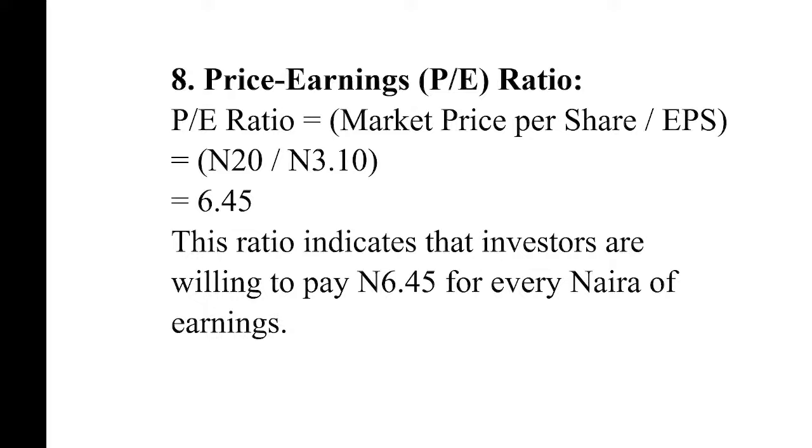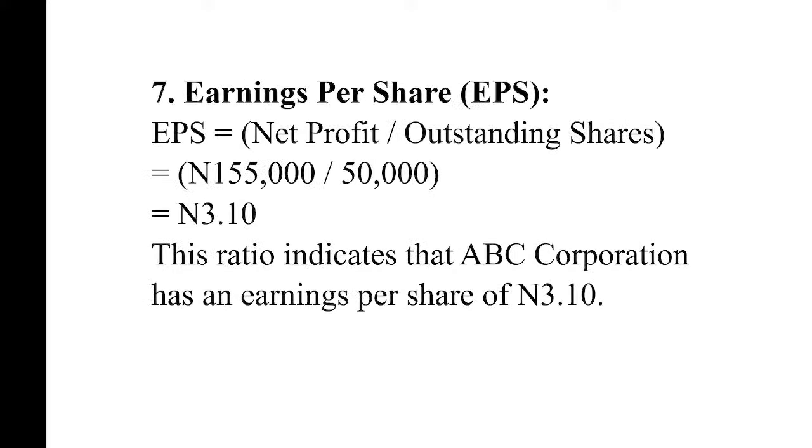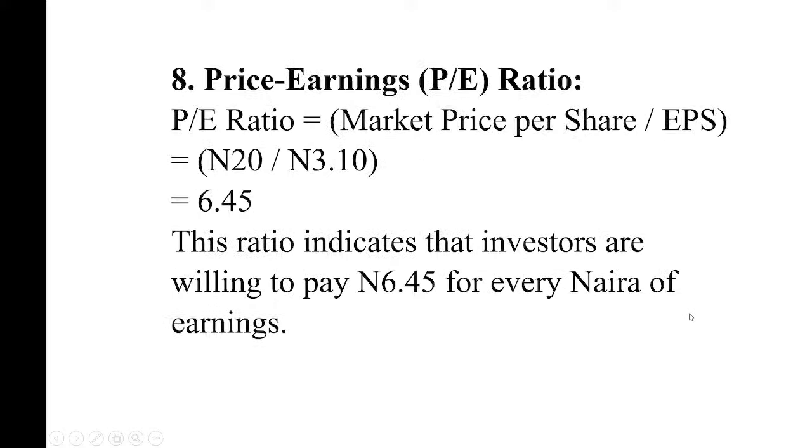Price earning ratio, PE ratio. PE ratio is equal to market price per share over earnings per share. So you can see that in this, we are calculating this ratio using another ratio, earnings per share. We have computed earnings per share previously to be 3 naira 10 kobo, so that's what we're going to use. And the question gives us a market value per share of 20 naira.